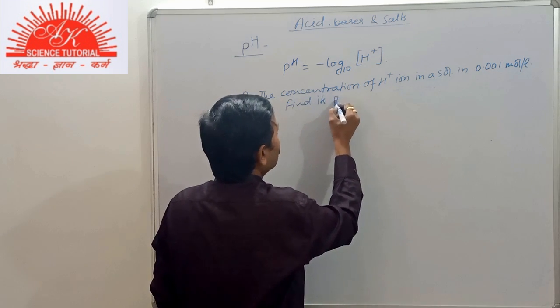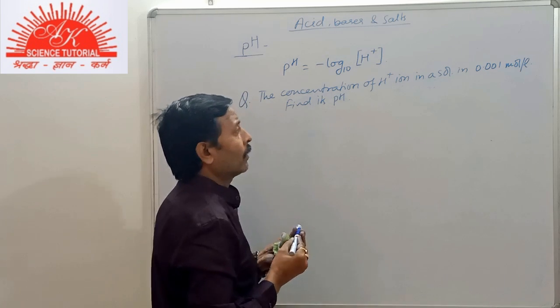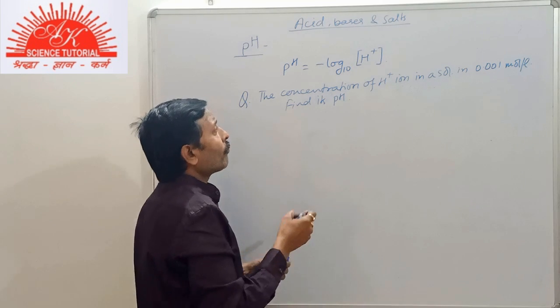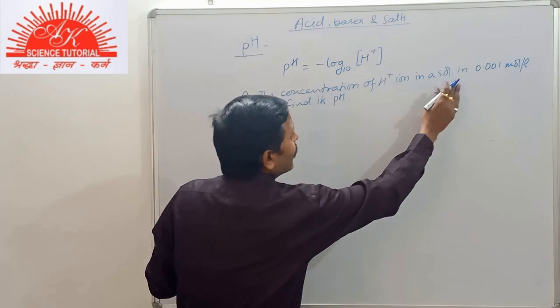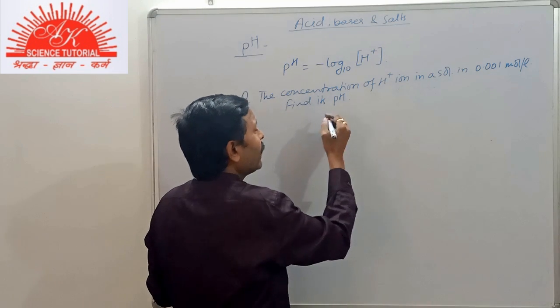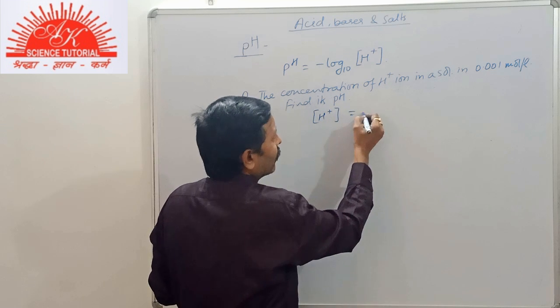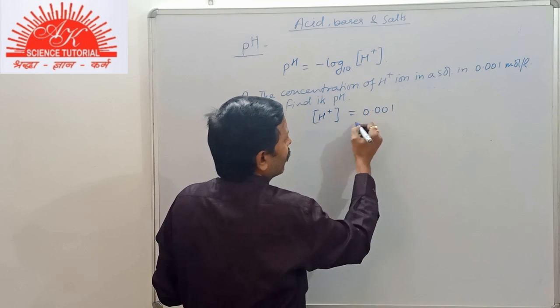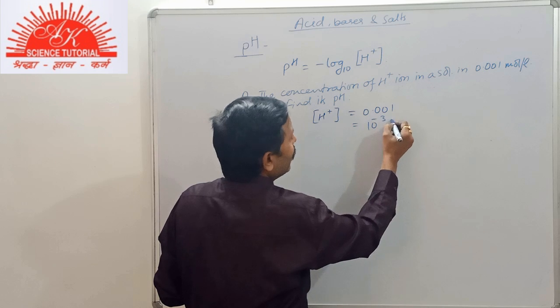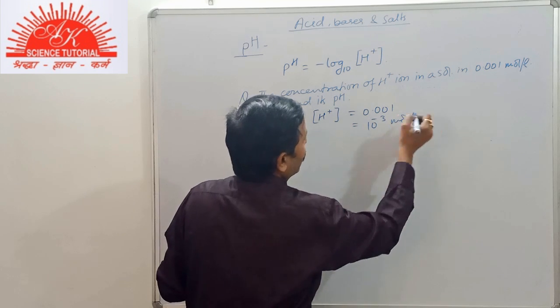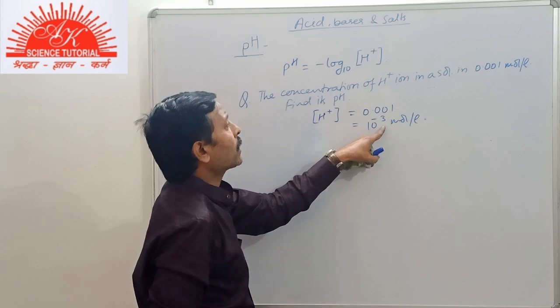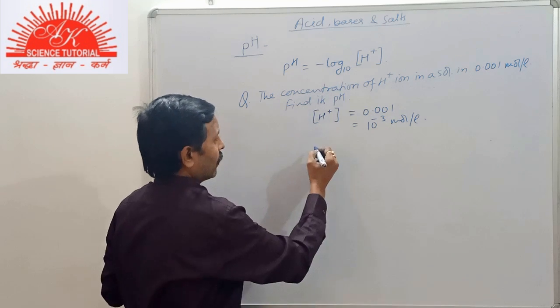Find its pH. Now you see here, it is given like this. So it must be written as a power of 10. So H plus ion 0.001, that is 10 to the minus 3 mole per liter. Now use this number at this place.